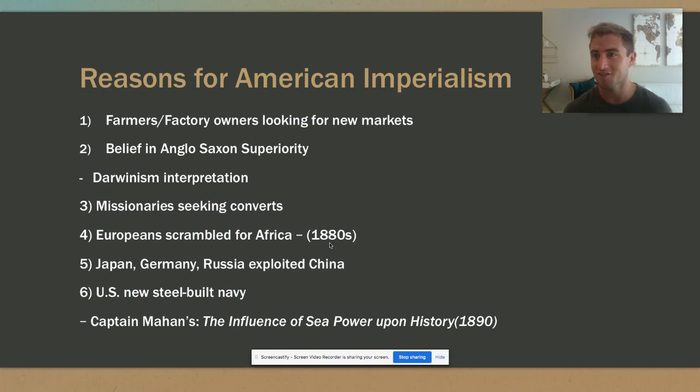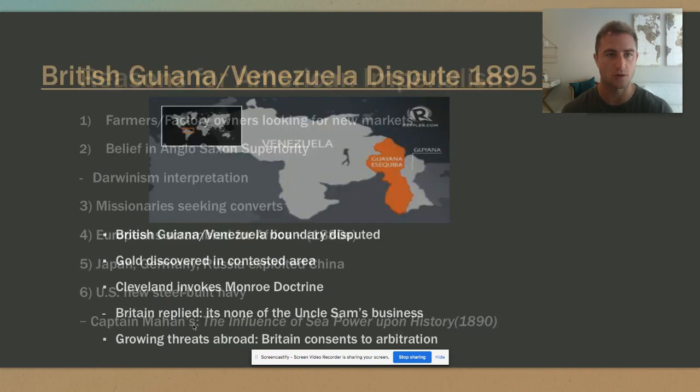And the United States feels like it's getting left behind, and therefore it's going to rationalize imperialism in order to stay a world power and become even more of a world power. And that's especially added to by Captain Mahan's The Influence of Sea Power Upon History, which is glorifying the Navy and becoming a powerful state in the world.